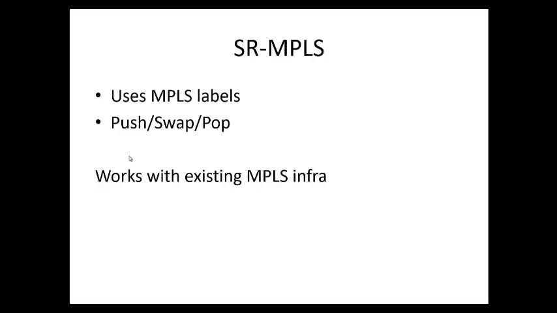So we do have push on the ingress, pop on the egress, and swap in the intermediate routers, core routers. This is same like what we used to have in MPLS infrastructure.